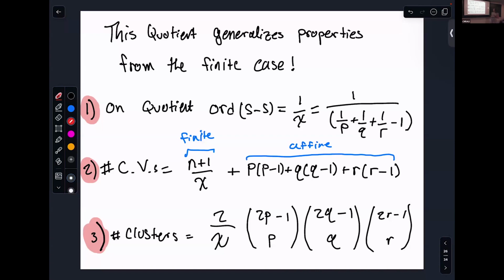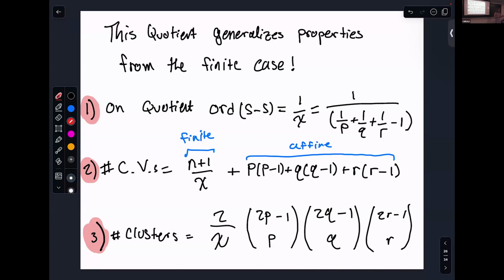There's also, I really love this amazing formula for the total number of clusters in the finite quotient. This has a similar flavor to this formula involving the exponents of the root system. It's a simple formula in terms of P, Q, and R. Again, I can't prove this in every case uniformly, so you have to check E6, E7, E8, but it has a uniform formula, and I think that's great.